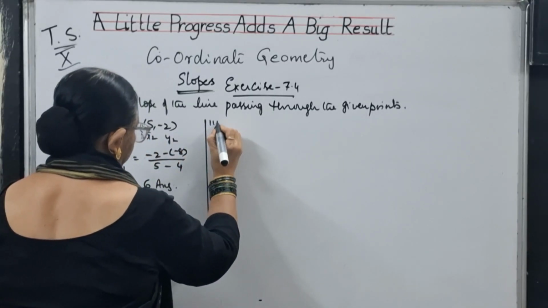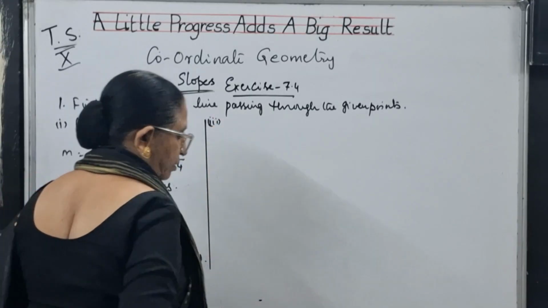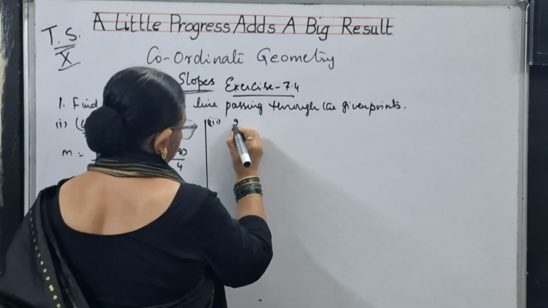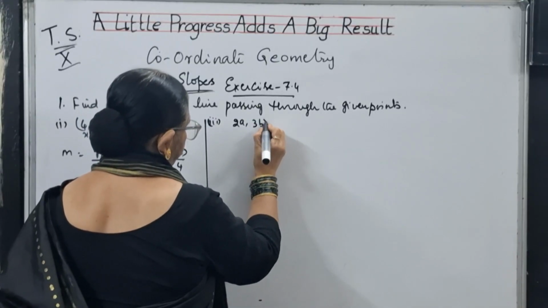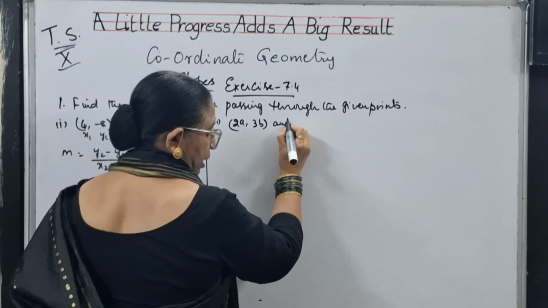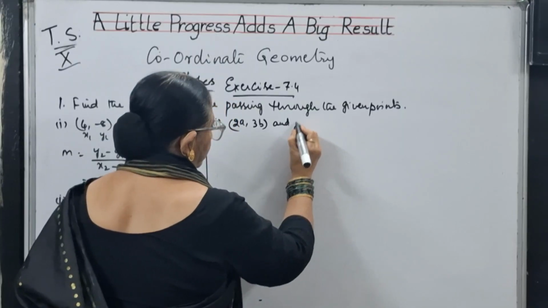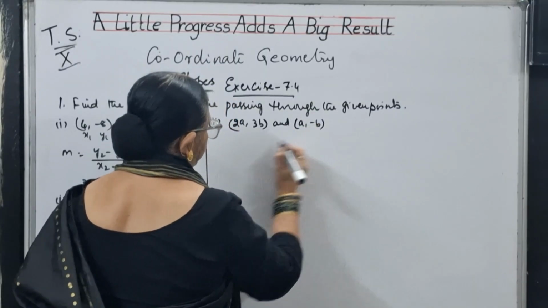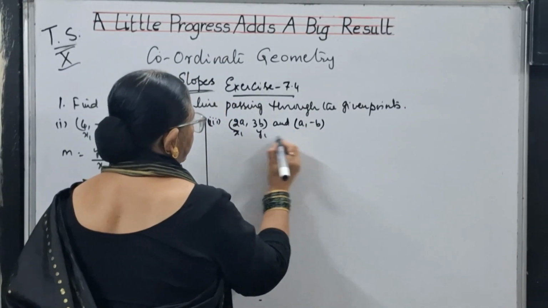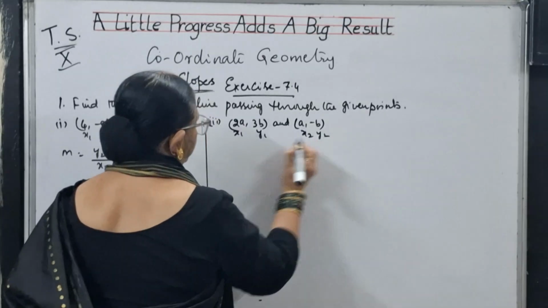Now let me see the third bit. What is the third bit? 2a comma 3b and a comma minus b. So x1, y1, x2, y2.